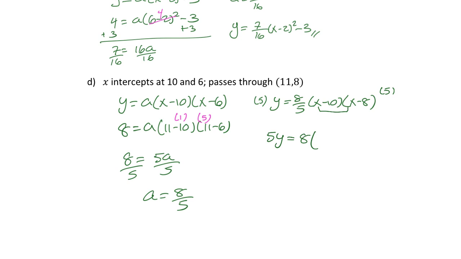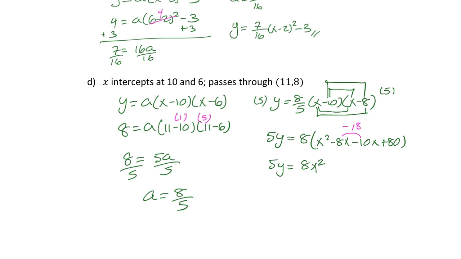So I got x times x, x squared; x times negative 6, negative 6x; negative 10 times x, negative 10x; and then negative 10 times negative 6 is positive 60. Combining like terms, 5y equals 8 times x squared minus 16x plus 60.